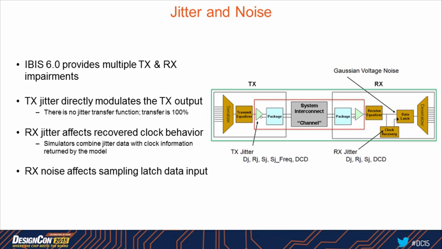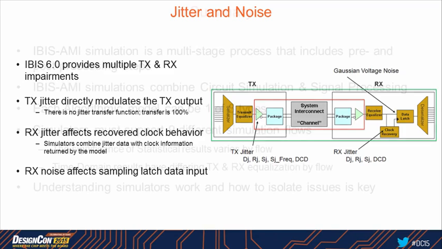RX jitter overwhelmingly affects the behavior of the recovered clock, and you also have a single parameter that allows you to modulate the signal in the voltage domain at the sampling input or the D input to the sampling latch. And so all of those things get factored in the analysis. And again, these are fairly advanced topics that we're just not going to be able to get into today.